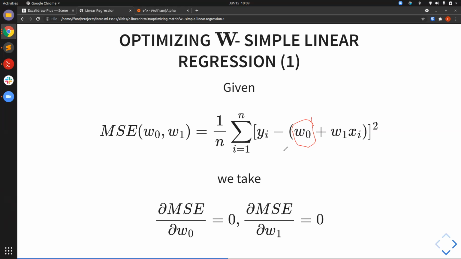Do I have a different weight vector for each sample, or do I have one weight vector that I apply to all samples? Okay, so it's constant, right? W0 is constant with respect to the sum. So I don't need to worry about the sum. Forget about the sum for now.